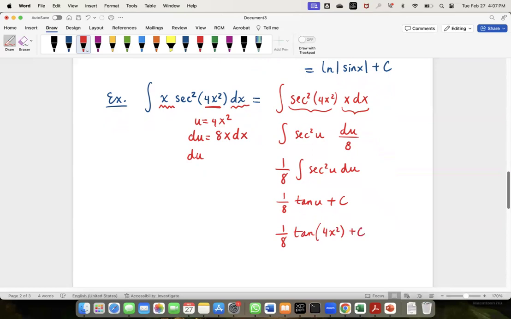Here, the major point is that I have 4x squared inside secant squared, so I know secant squared u has antiderivative tangent u. So can I use the leftover, which is x and dx, to write my du? I can, because du is simply 8x dx, and what I'm really looking at is x dx, which is going to be simply du over 8. So that's just x dx.